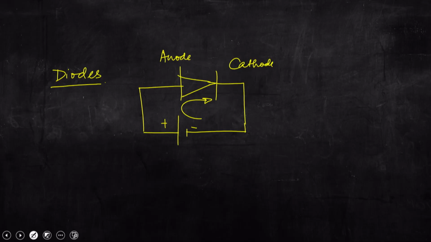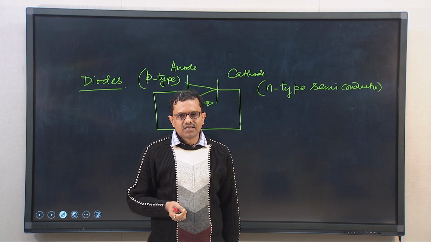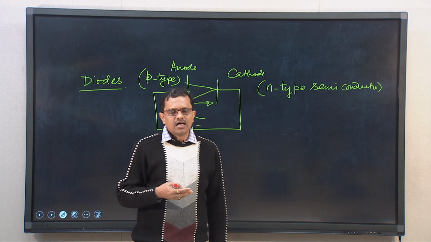So, this is n type semiconductor and this is p type semiconductor.